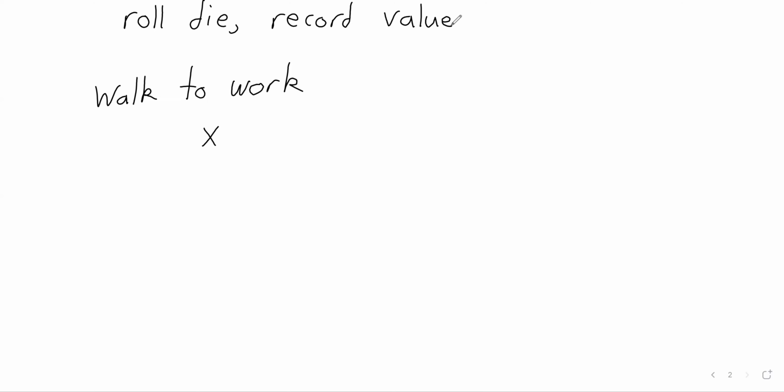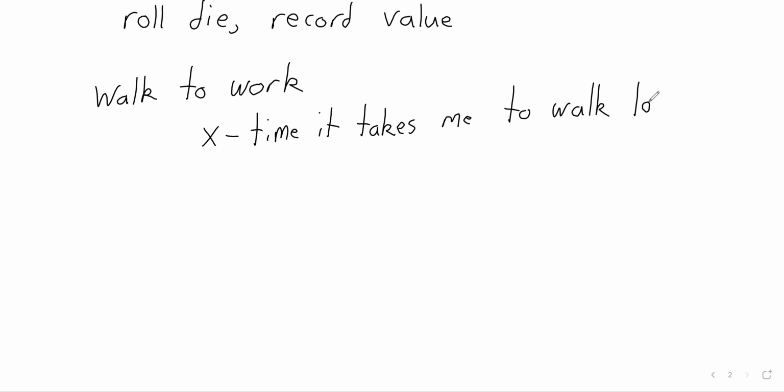We can let the x be the time it takes me to walk to work. And of course, when I walk to work every day, I don't think I am going to perform an experiment. It's just something that happens.